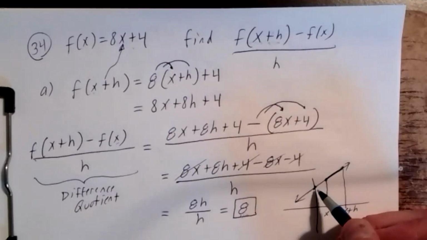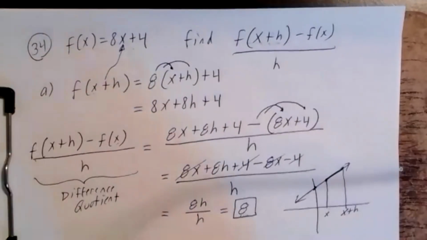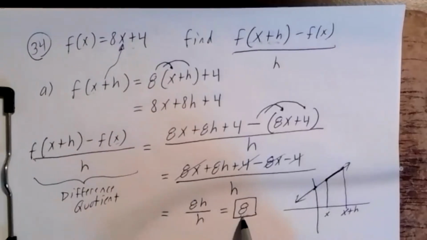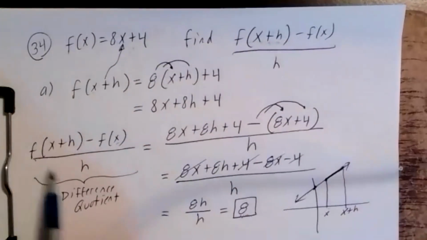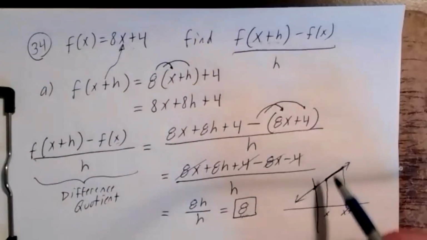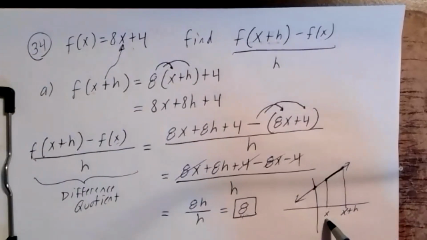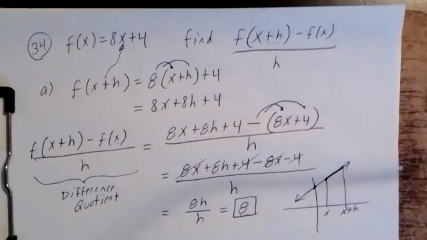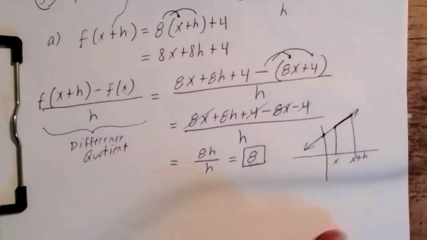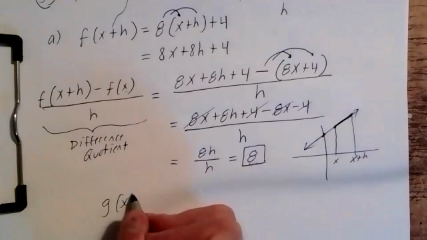So there's no small wonder why the difference quotient for this linear function gave us the slope of the line itself, 8, because that's the slope of the secant line. The difference quotient is the slope of the secant line that connects the endpoints of x and x plus h. This line segment has to have the same slope as the line itself. That makes sense.